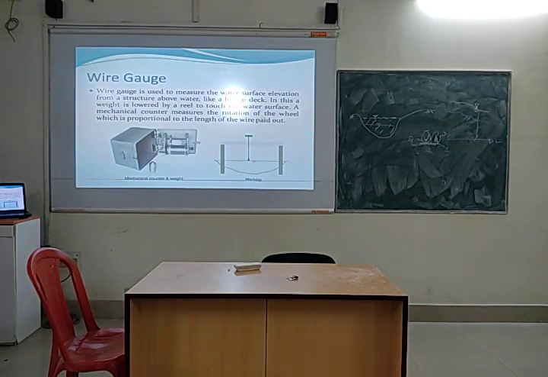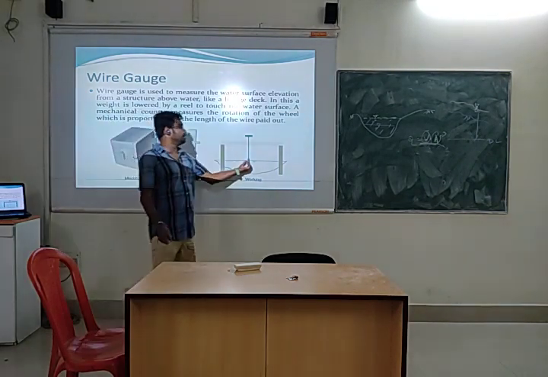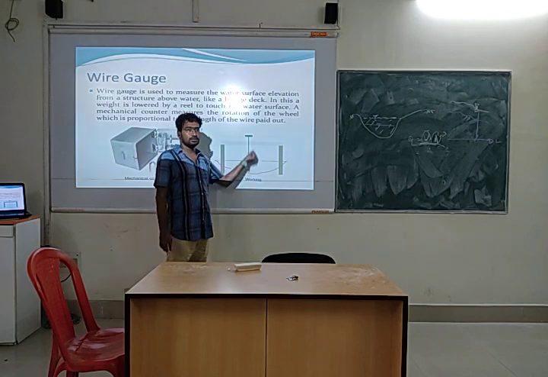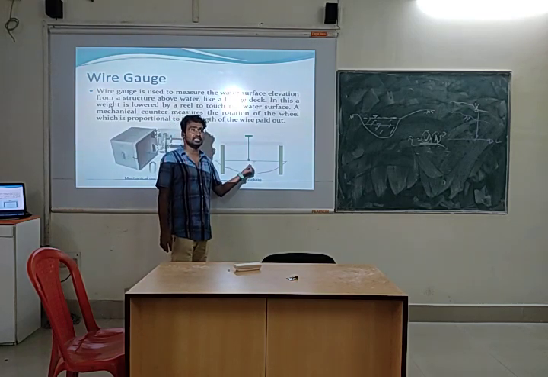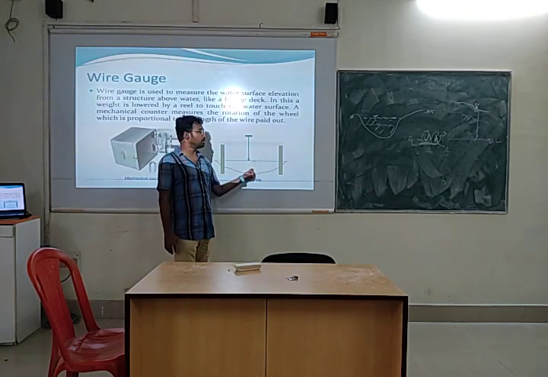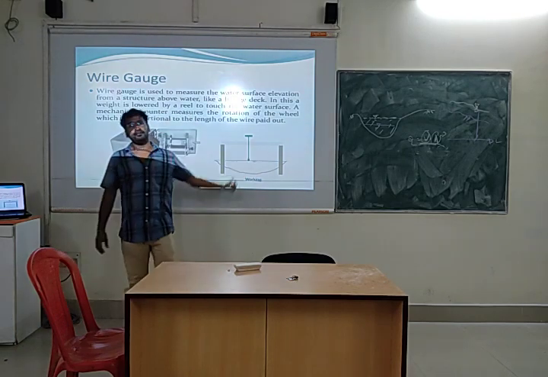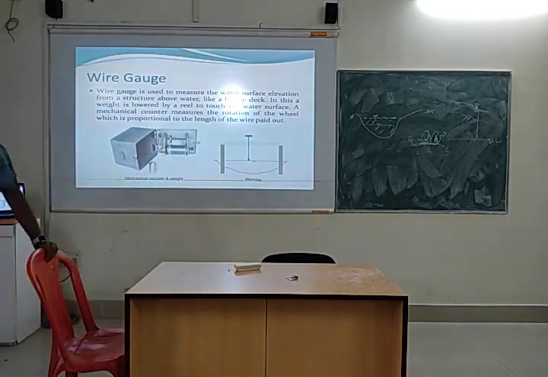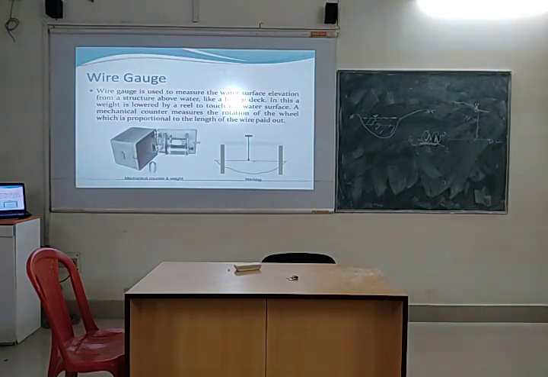In this, a weight is lowered. At the end of this wear, some weight will be provided, and this weight will be lowered by a reel to touch the water surface, until it touches the bed of the river, right?